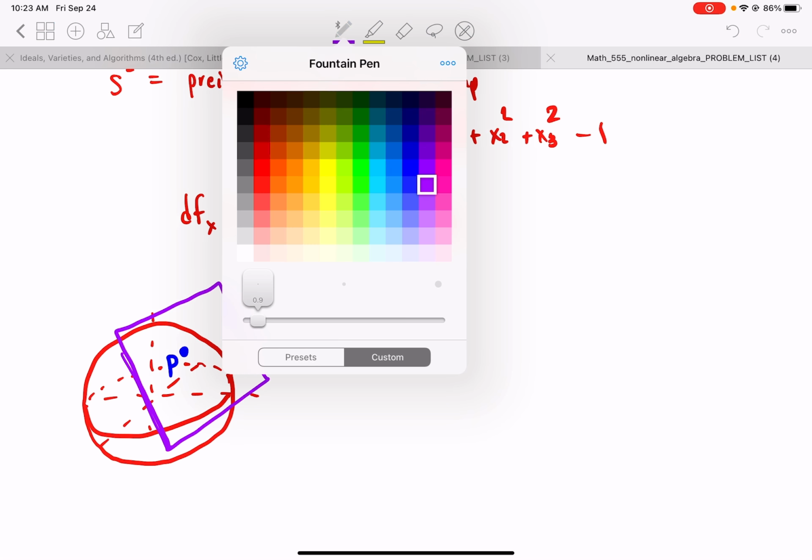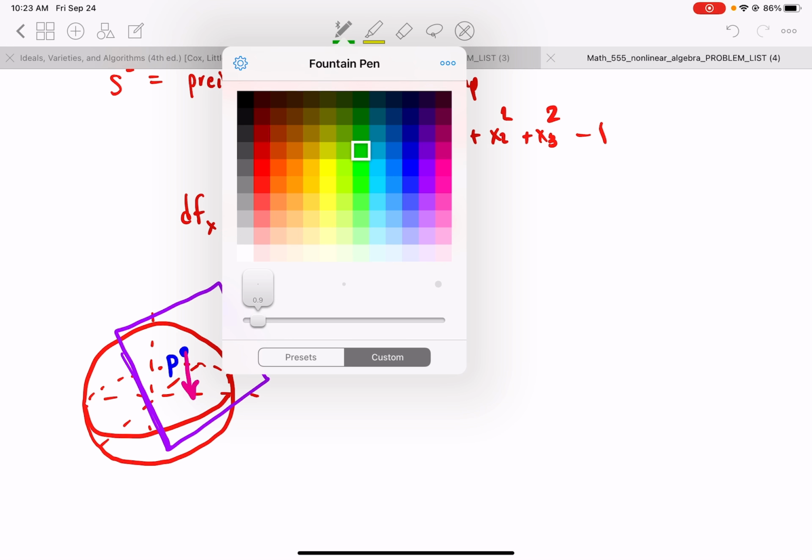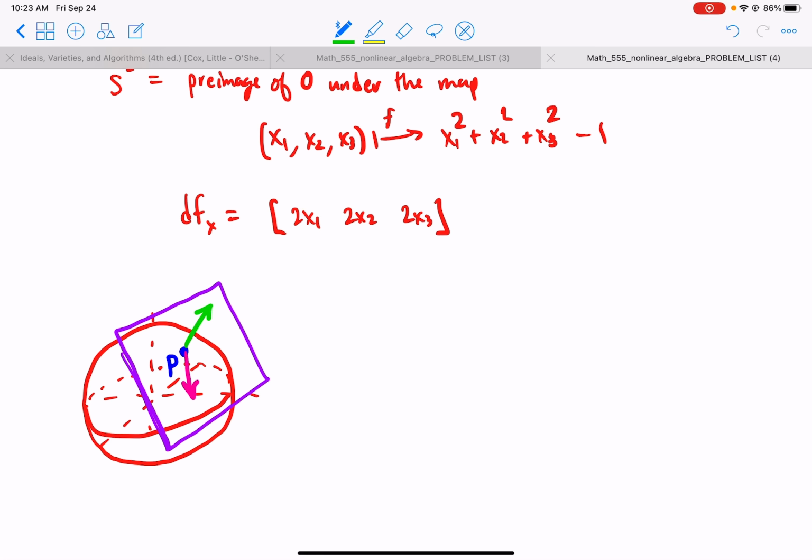But let's think of now the tangent vectors. Let's say this pink one, or this green one, all of them. What do they satisfy? Well, they have the property that to linear approximation, they stay on the sphere. Okay?